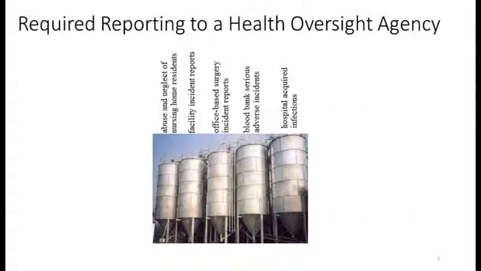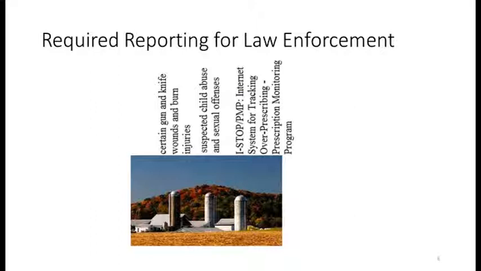As the licensor and regulator of hospitals and nursing homes and other types of healthcare facilities, they're required to report certain information to us, and that information may be used by us to take enforcement action against the facility. So that's not the focus of what I'm talking about today, but that's another way that the government collects electronic health information.